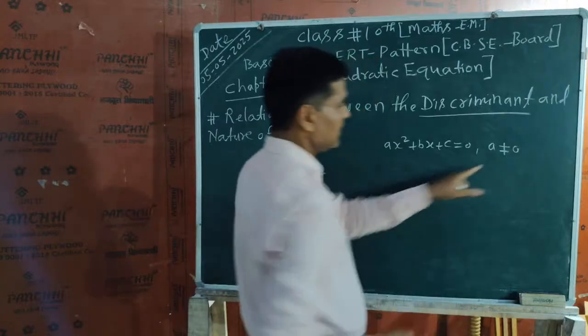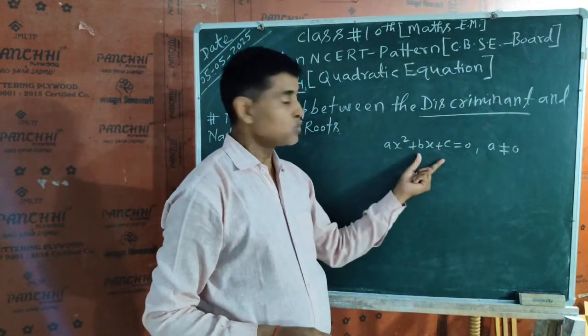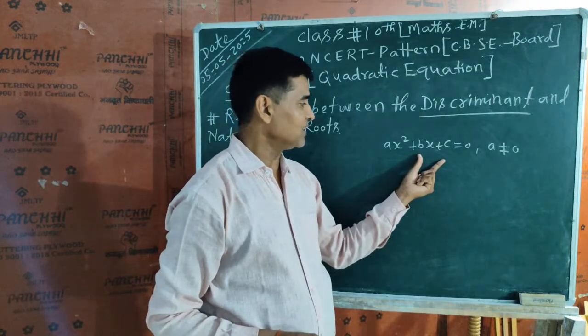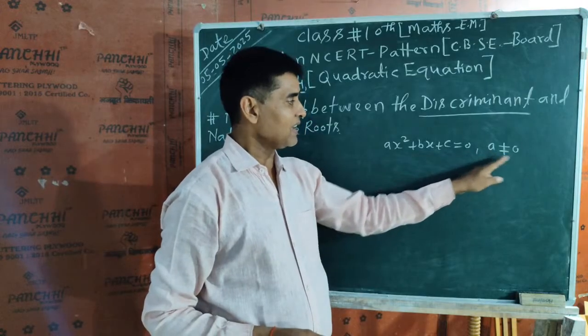That condition is that a cannot be 0. If a is 0, then this term will be 0, so we will get a linear equation in one variable. So here we have to preserve that a cannot be 0.